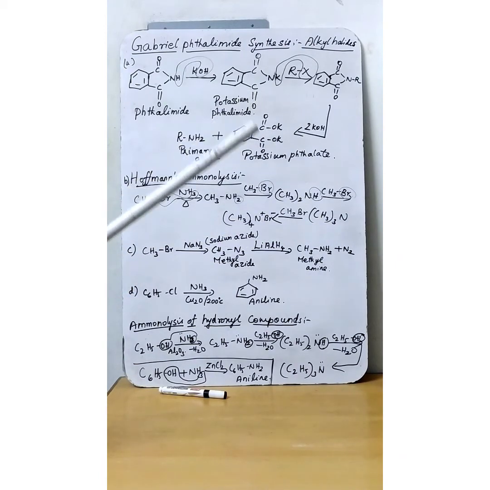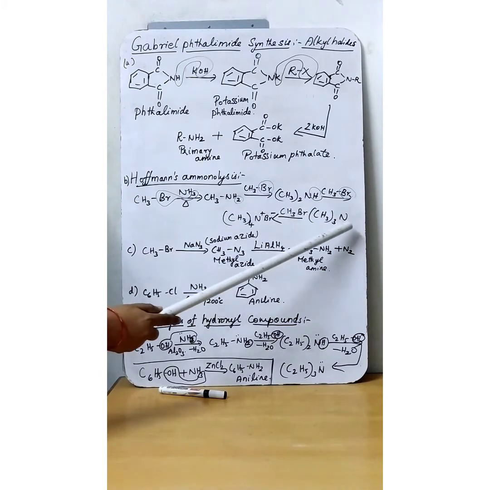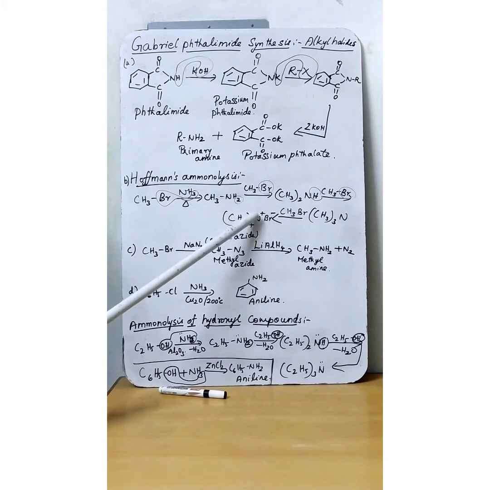No. So hydrogen and Br will not be removed as HBr. Instead, just this CH3 will go and attach, so it will become CH3 four times. Already nitrogen is there, so it will become positive and Br minus. So what are they calling it? Quaternary ammonium salts.